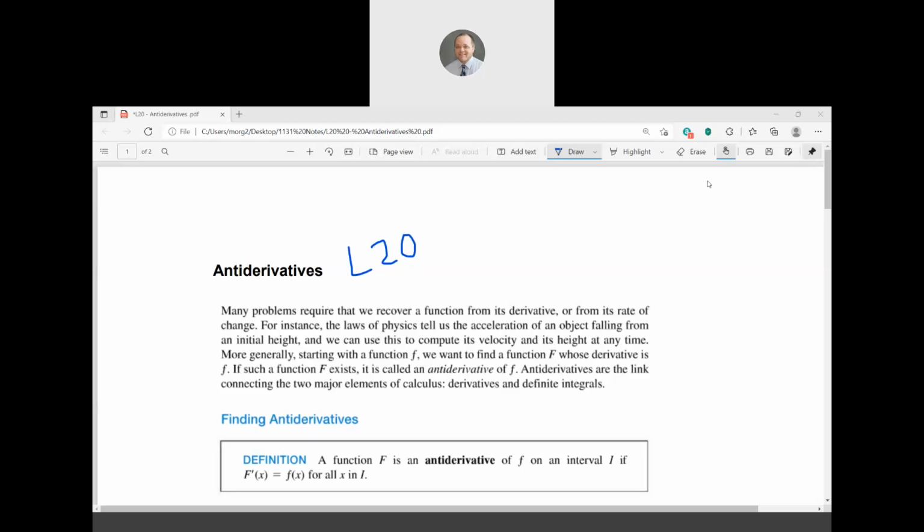All right, today we are going over lesson 20, something called antiderivative. So far this semester, we have discussed all things involving just the derivative.